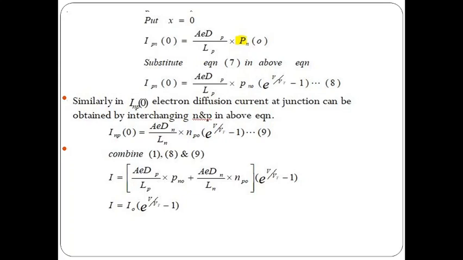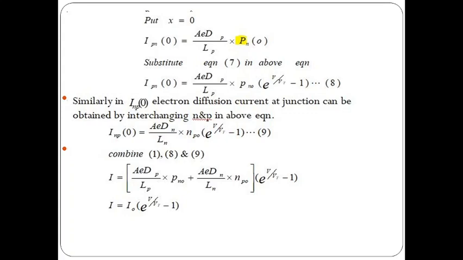So this reverse saturation current I naught is directly proportional to the junction area, and inversely proportional to Na and Nd, which are the doping concentrations. I naught is directly proportional to Ni square, because we are replacing Pn naught with Ni square by Nd and Np naught with Ni square by Na. So I naught is directly proportional to Ni square and area, and inversely proportional to the doping concentrations Na and Nd.